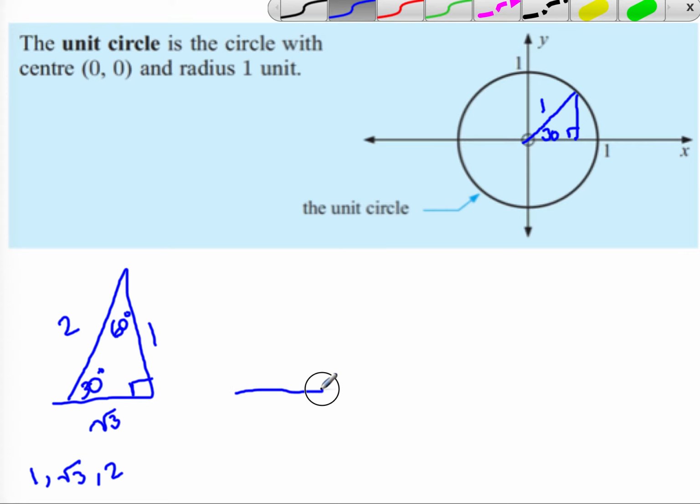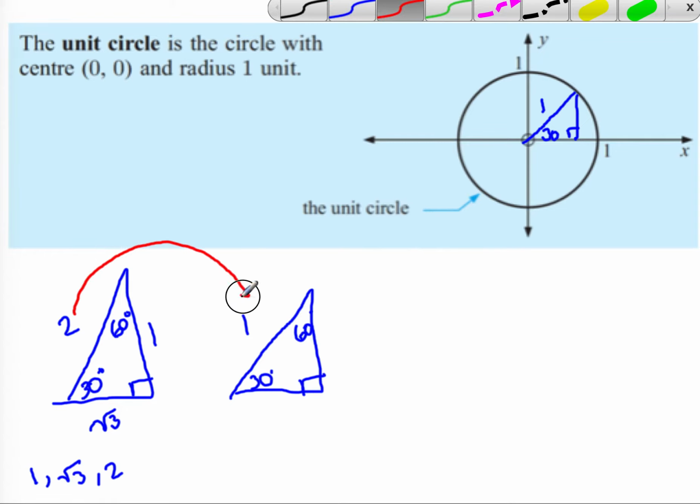So let's see, 90 degrees. So we have 1, 30 degrees, and 60. So if I wanted to scale this, to go from 2 to 1, I need to divide by 2 or multiply by 1/2. So I'm going to follow that same scale, multiply this by 1/2, so I have root 3 over 2.